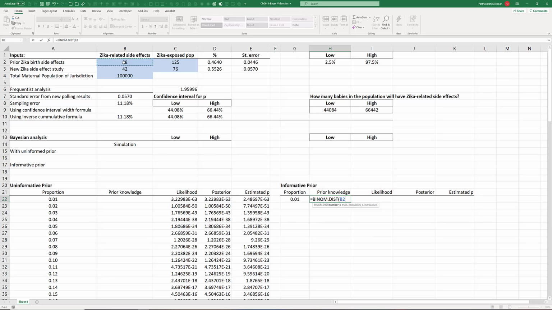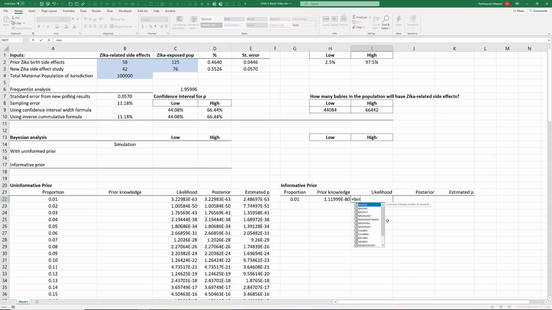So number of success is that, and since we're going to have to copy this down to the other rows, we have to do absolute reference by pressing F4, comma number of trials, F4 again, okay, and then the probability of success, which is that. That's going to change from row to row, so we leave that without absolute reference, and then we want the actual probability, not cumulative probability. So that's our prior.